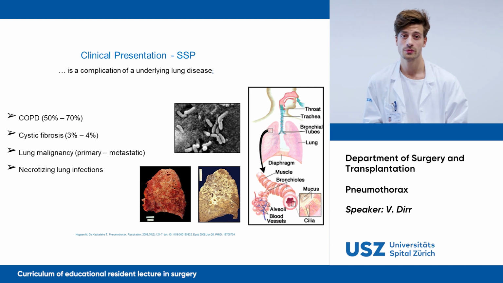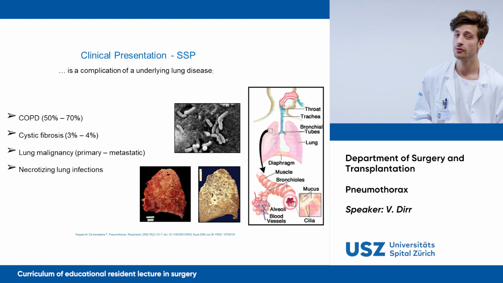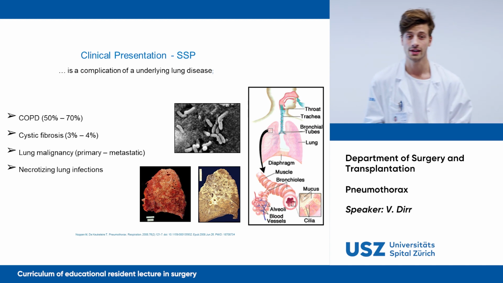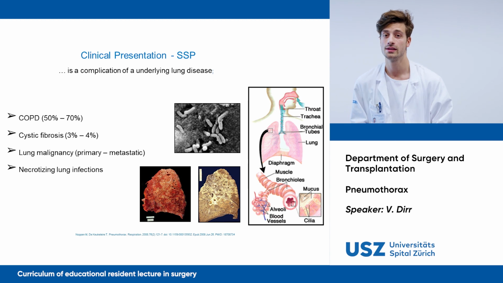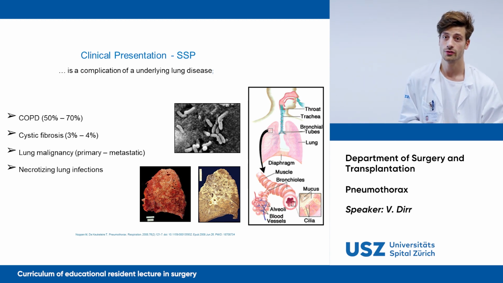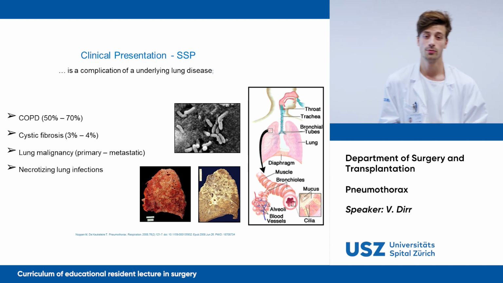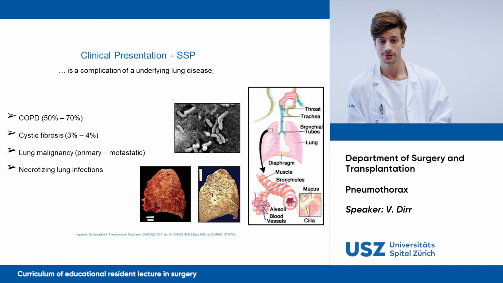For a secondary spontaneous pneumothorax, as I told you before, it is a complication of an underlying pulmonary disease. Mostly it's COPD, in around 50 to 70% of the cases. The pathogenesis is a rupture of subpleural blebs or bullae. These are small air-containing spaces, and due to the weakened lung tissue, they can rupture easily. In 4 to 3% of the cases, it's cystic fibrosis, and there it's a rupture of cysts.